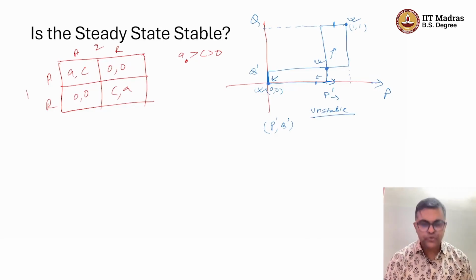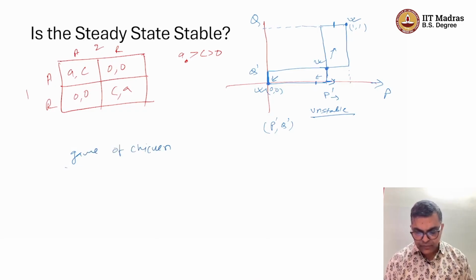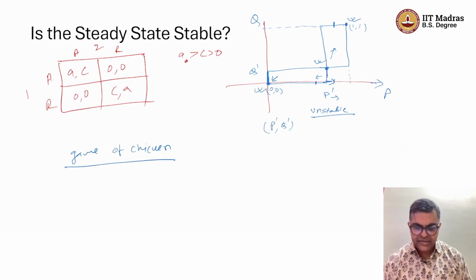I suggest that you do exactly the same thing in case of the game of chicken, and in that game you will find that the equilibrium is stable. So what I am trying to say is that there are both possibilities: you can get a stable steady state or you can get an unstable steady state. In which sense is it stable?